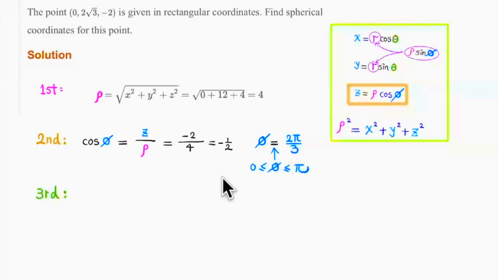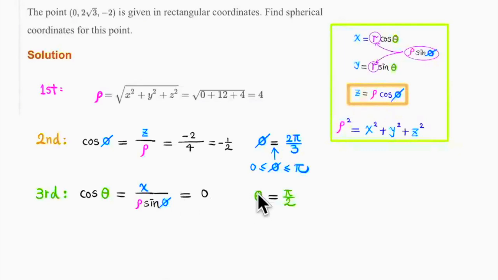The last step here is to figure out theta, using either this or this equation. Let's use this first equation. So cosine theta is equal to x over rho times sine of phi. Since x is equal to 0, this result here is equal to 0.